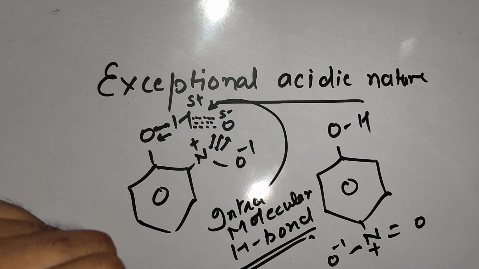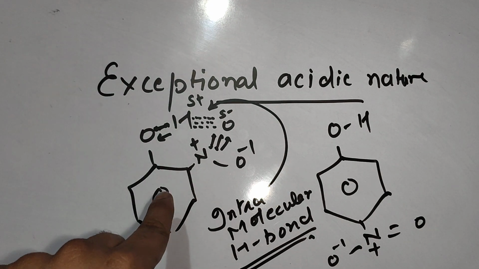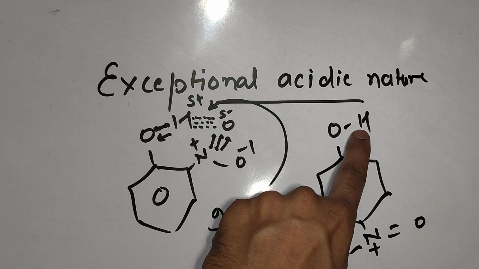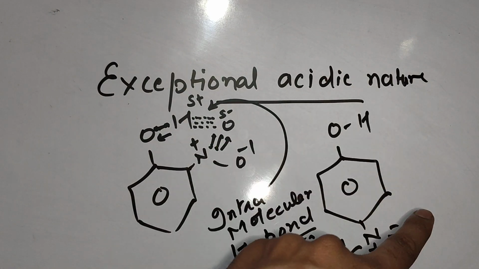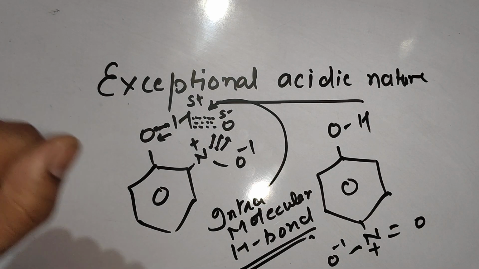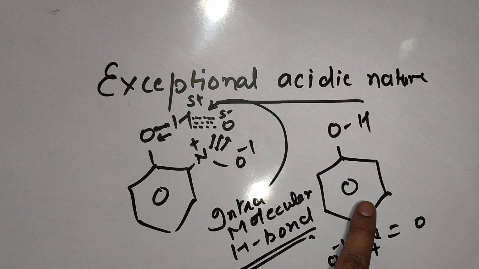This is the exception here. And if release of H positive becomes difficult, it will become less acidic. Such a problem is not there in para, because the positively charged hydrogen and the negatively charged oxygens are far away from each other, so such interaction is not possible. That's why ortho-nitrophenol is less acidic as compared to para-nitrophenol.